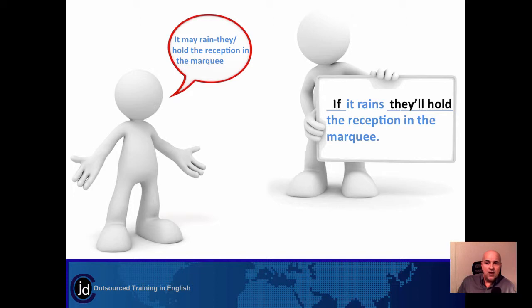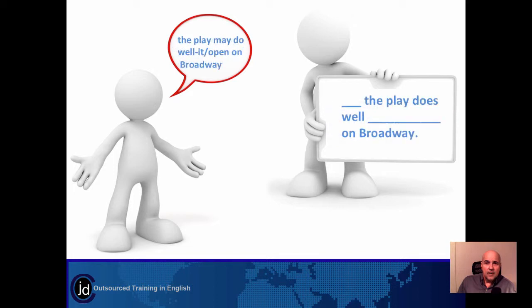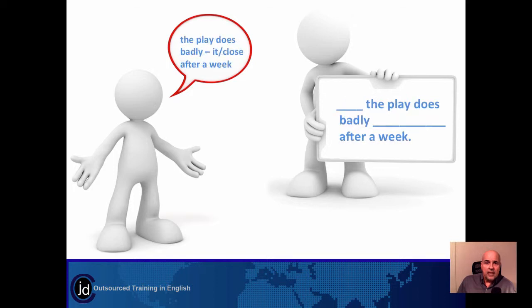If it rains, they'll hold the reception in the marquee. The play may do well. It open on Broadway. If the play does well, it'll open on Broadway. The play does badly, it close after a week. If the play does badly, it'll close after a week.